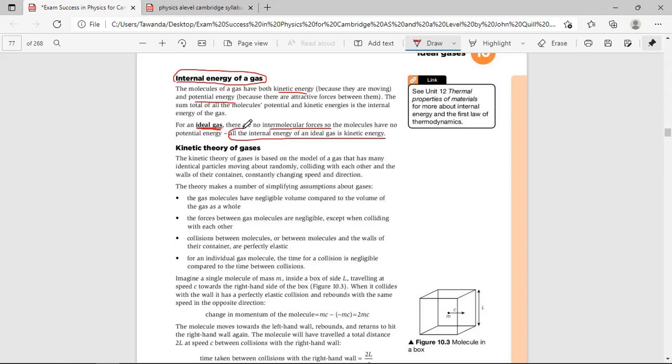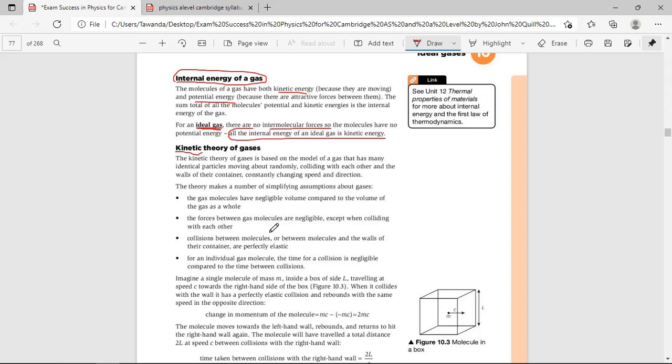So after saying that, if there are no intermolecular forces, the internal energy of that ideal gas is purely kinetic energy. So under that kinetic energy, we are going to formulate what we call the kinetic theory of gases.